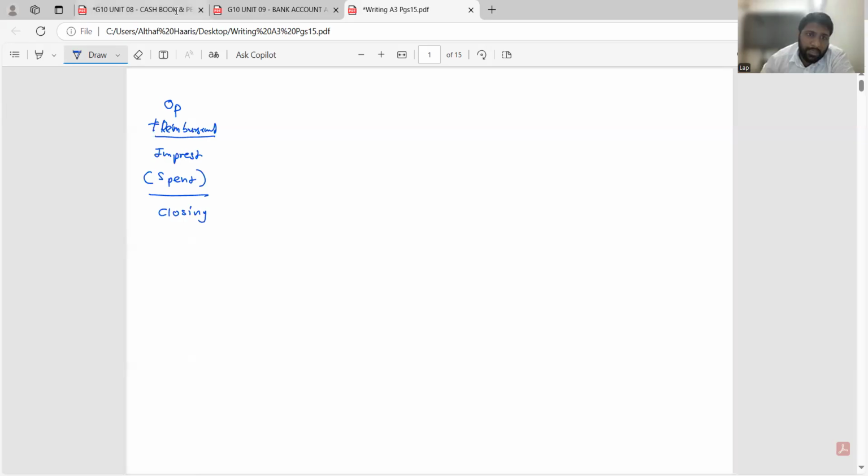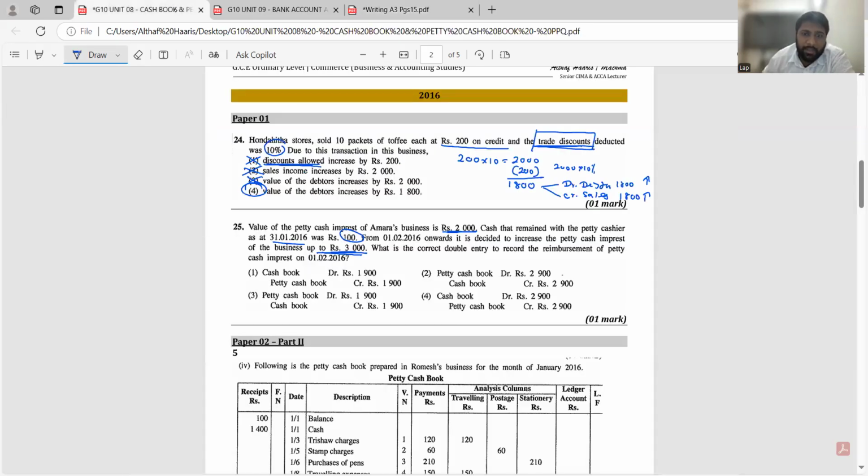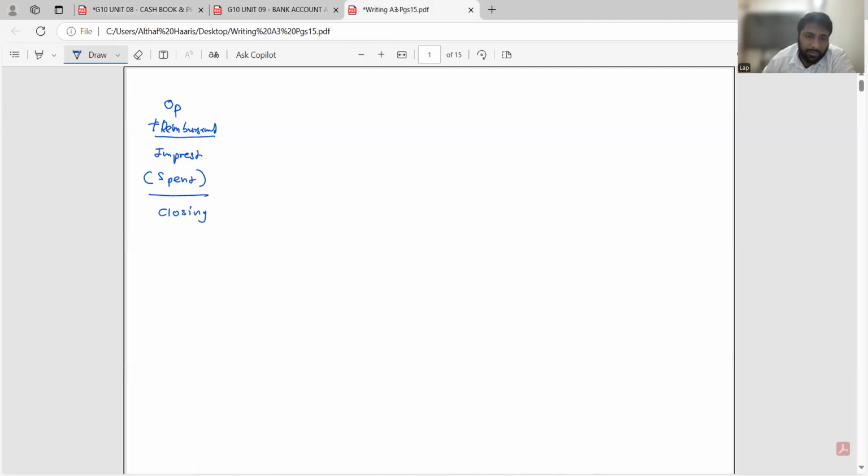So for the month of January, we had an imprest of 2000 and the balance at the end of the month is 100. That means, in January, you have spent 1900.